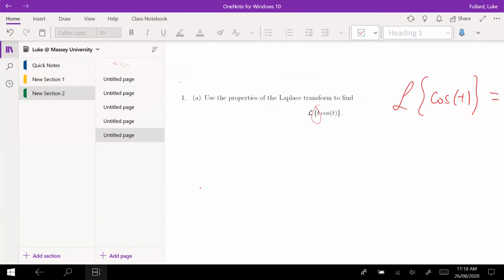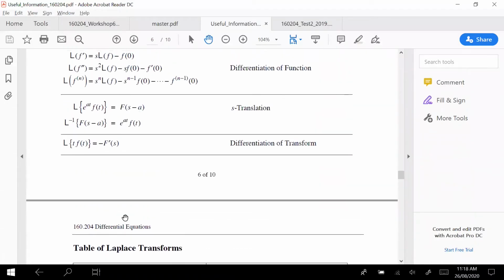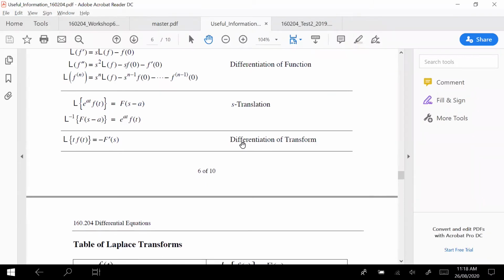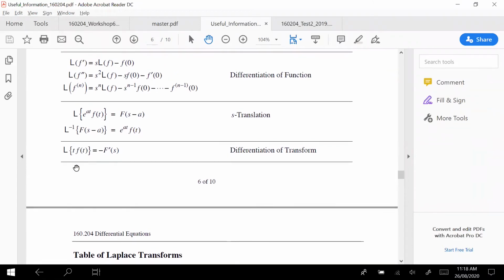So I want to go back to my useful information and notice that above that table is this differentiation of transform property. If I have a function f of t and I take the Laplace transform of t times f of t, I get negative the derivative of F of s, where F of s is the Laplace transform of f of t.